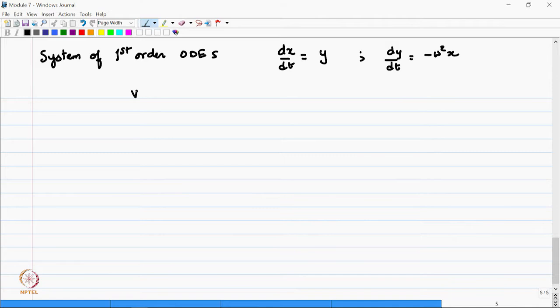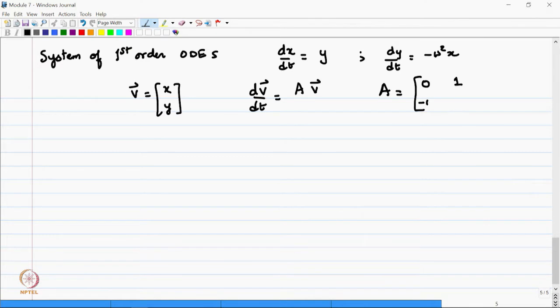You call V equal to (x, y), and dV by dt is equal to A V, where A is a matrix whose first row is 0 1 and second row is minus omega square 0. So we have a linear system, and if we have a linear system, then we can calculate the eigenvalues of A.